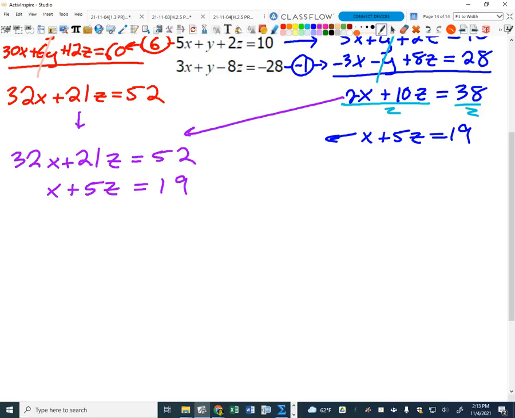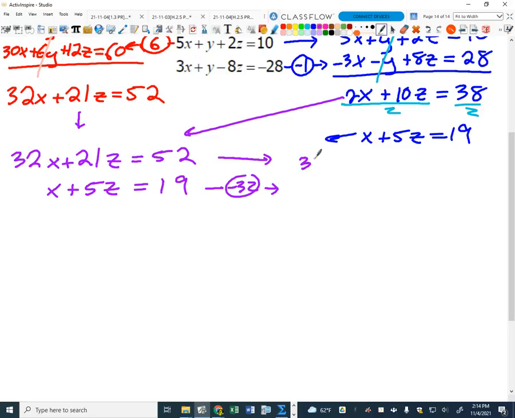It looks like I'm going to have some pretty bad numbers here, but which variable do you suppose we probably want to get rid of? Probably the x's, right? And what am I going to have to multiply the bottom equation by? -32. Yeah, so this one's going to stay the same. This one we're going to multiply by -32.